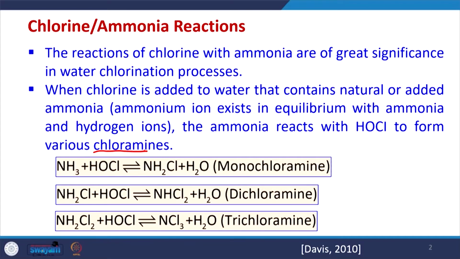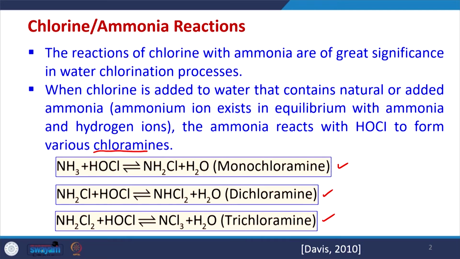In this way different types of chloramines get formed, may be monochloramine, dichloramine, trichloramine, depending upon the amount of ammonia present and the amount of HOCl which has been added. These chloramines have odor and also use up the chlorine which has been added. This way the amount of chlorine actually available for disinfection becomes less. So it is very important to understand this chlorine-ammonia reaction.